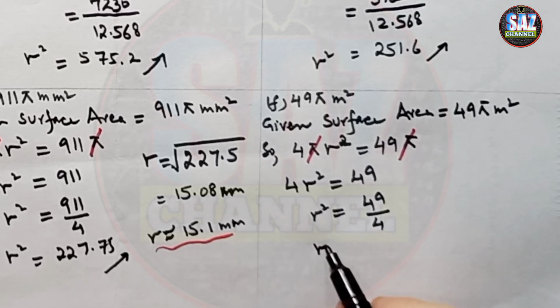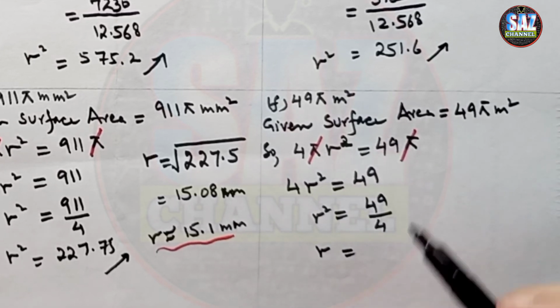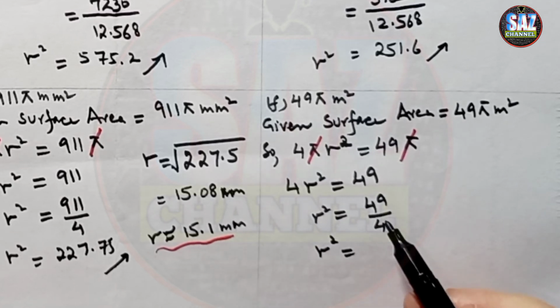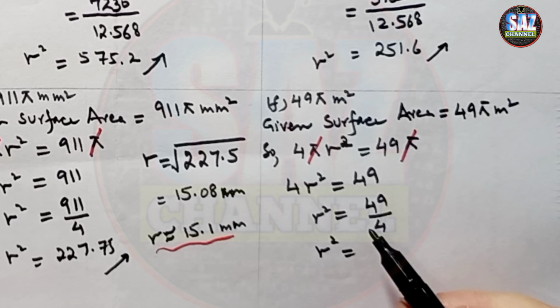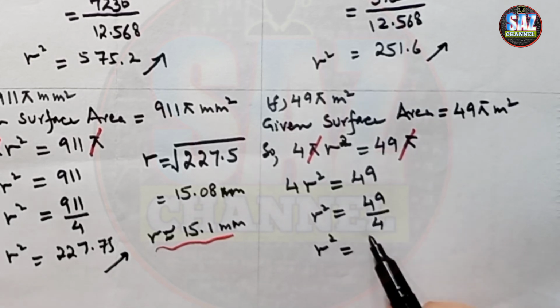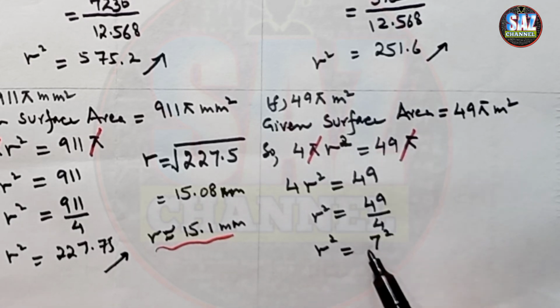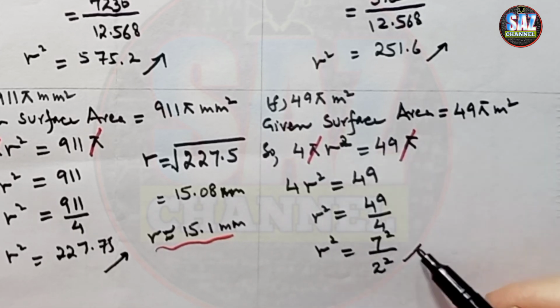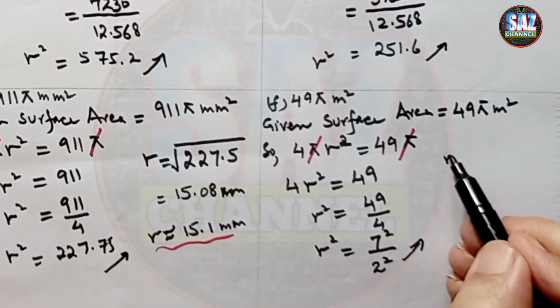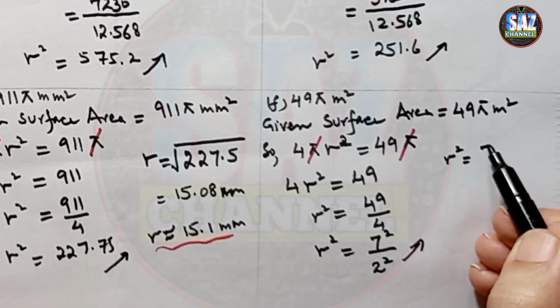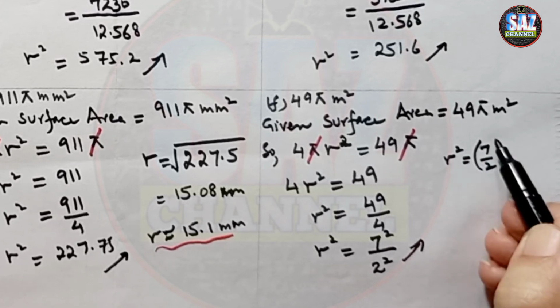Now again we are getting an interesting fraction, that 49 and 4 both are perfect squares. Think about the number whose square is 49, that is 7 square, and 4 is 2 square. So my equation will take the form r square equals 7 by 2 and whole square.